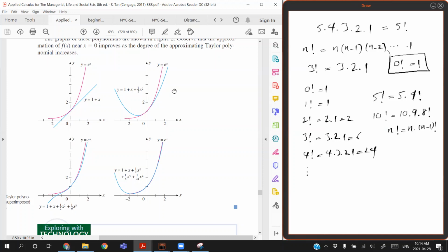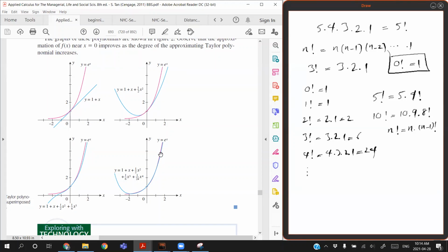Then you can have a polynomial of degree 3, 4, 5, and you can keep doing that until your polynomial matches the curve e to the power of x. And you can do this for any function.